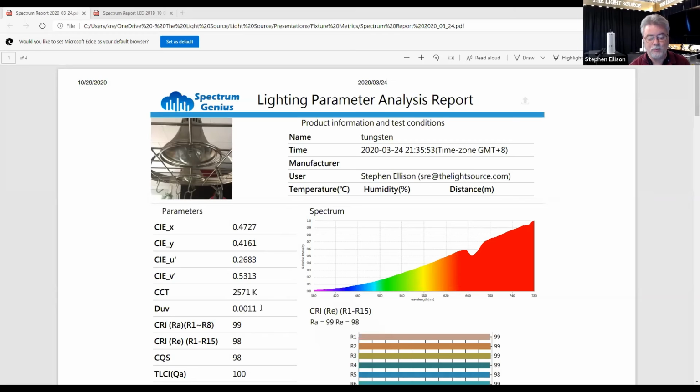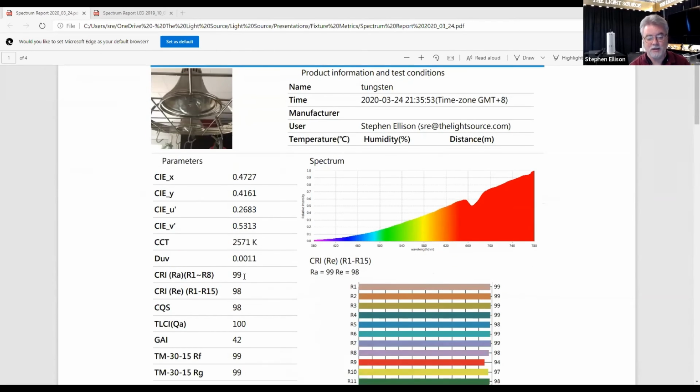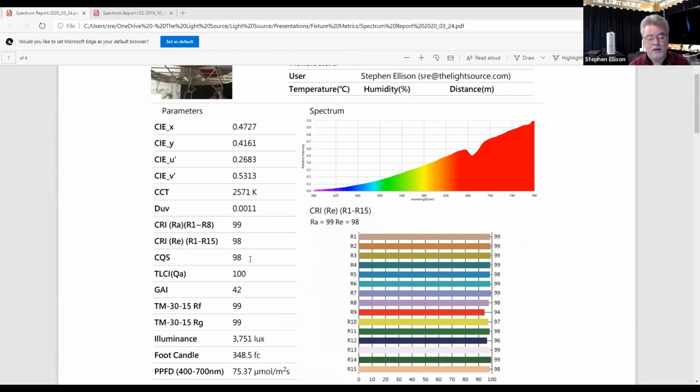The DUV, where it is compared to the Planckian curve, is going to be in a plus, so it's a little towards the green. The CRI is 99, that's pretty good, on the R1 through 8, and even the R1 through R15 is 98. The CQS is 98, so it's still pretty solid.